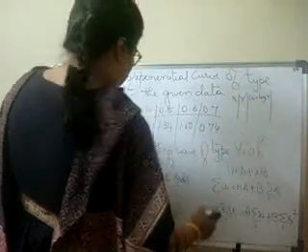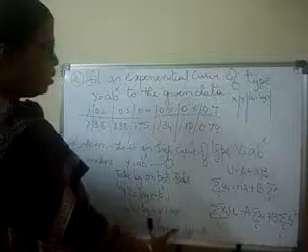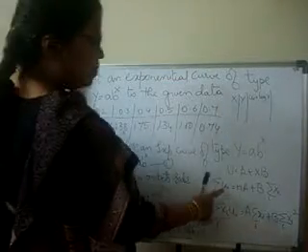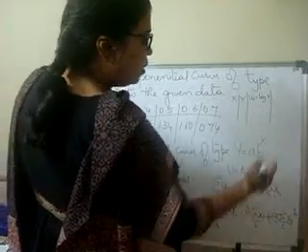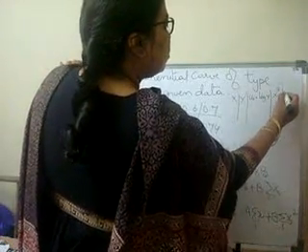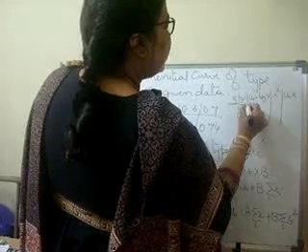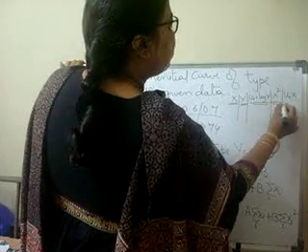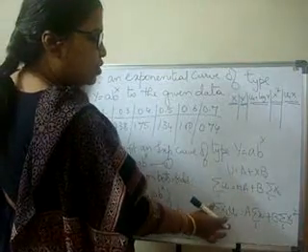And then what else we have taken? Log a is equals to log b. Now here in this summation ui is there, summation xi is there. Now summation x square and then ui into x.